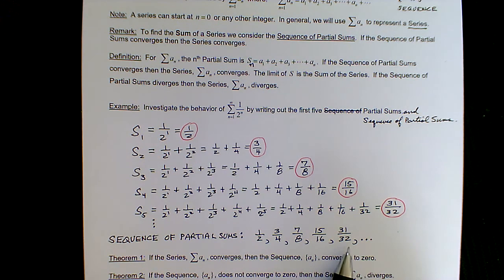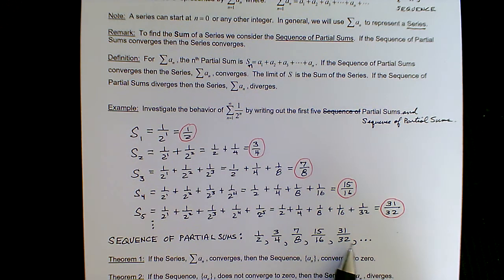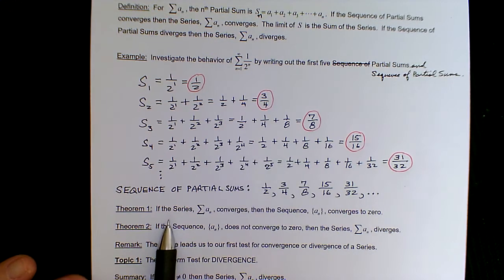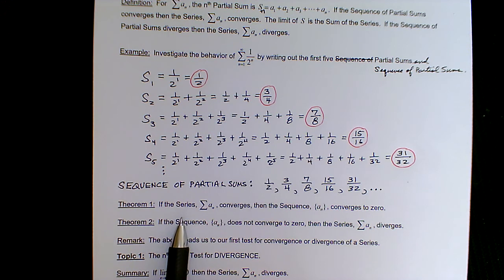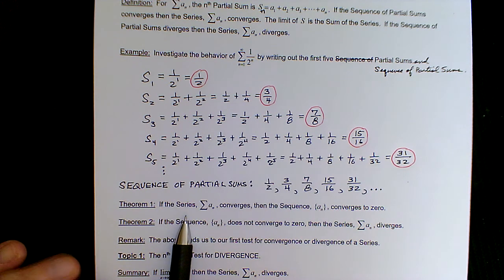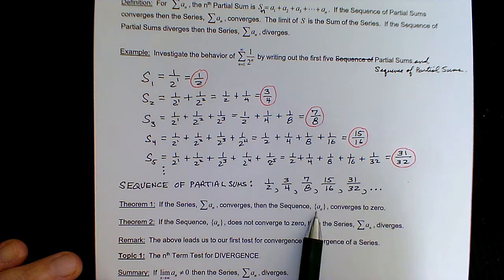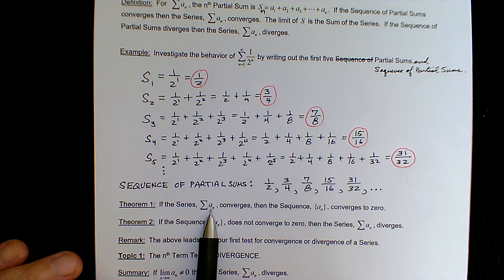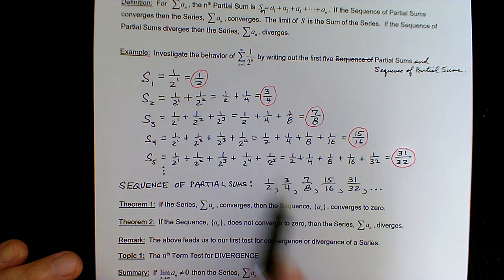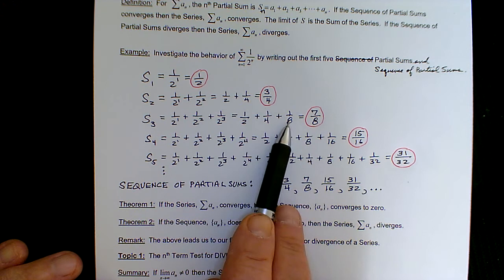So then we come up with a couple theorems, which lead us to our first test for the convergence or divergence of a series. And we say that if the series converges, then the sequence converges to 0, which intuitively should make sense, because if the series is going to converge to some number, then the number that we're adding on as we continue here, like the 1/4, 1/8, 1/16, 1 over 32, the last number we're adding on is that term of the sequence.